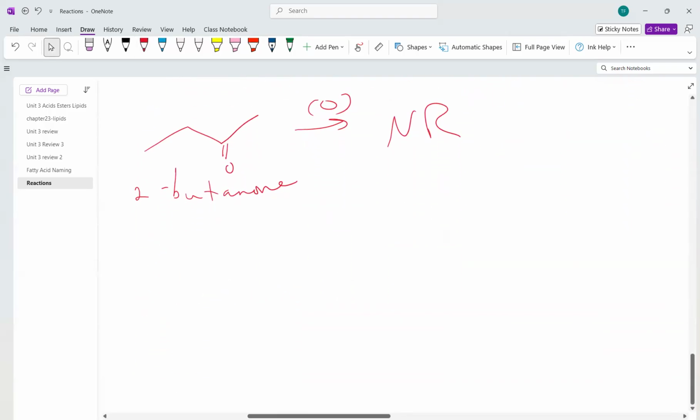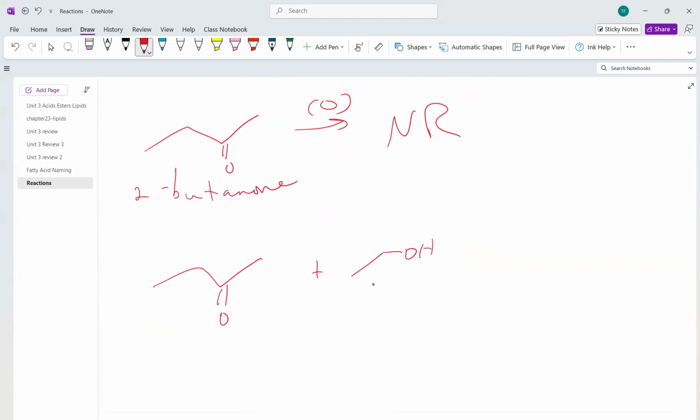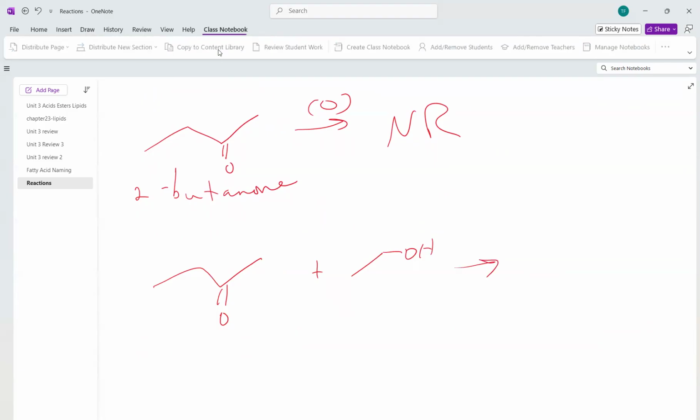What if we took that 2-butanone and threw in an alcohol? Threw in ethanol. So we've got a primary and a secondary now.